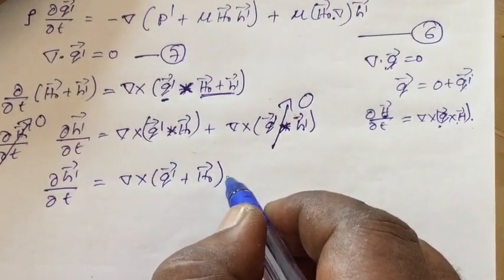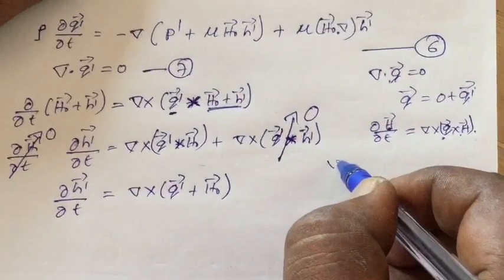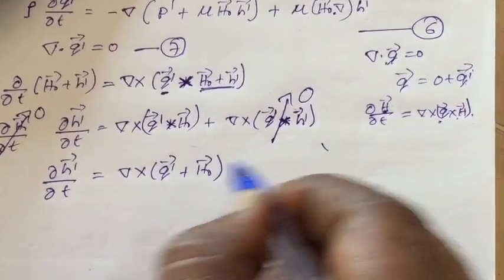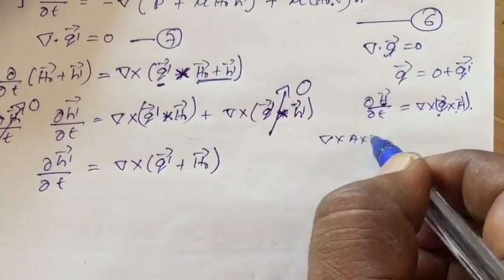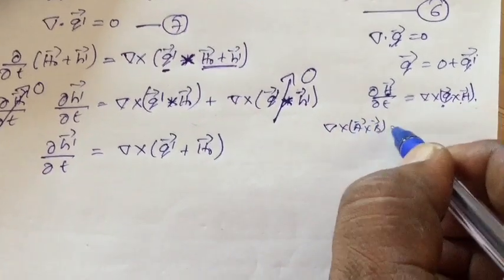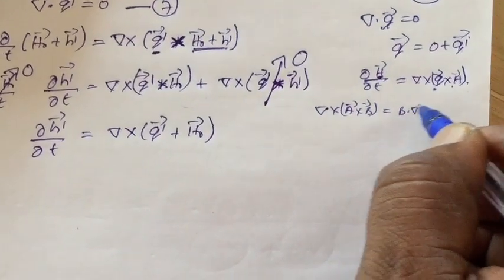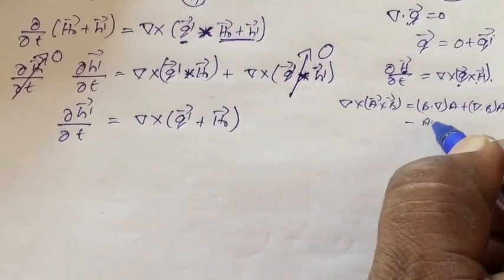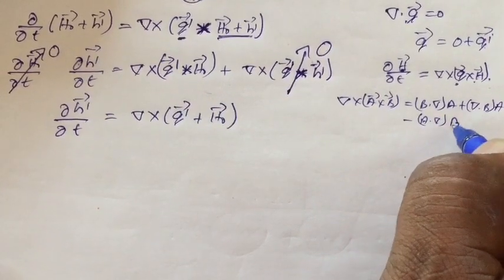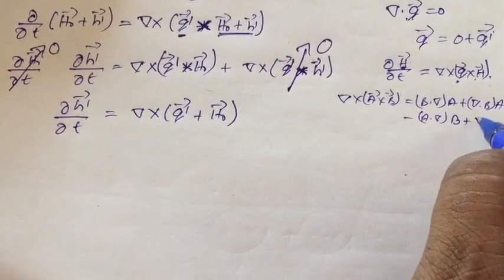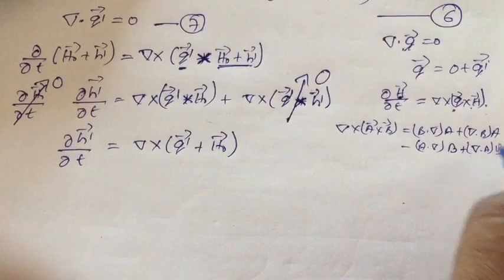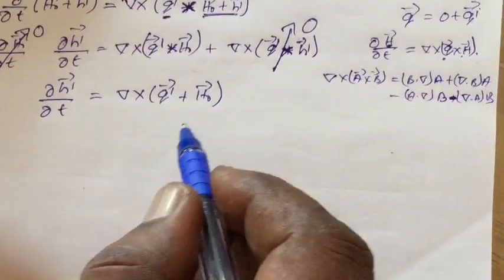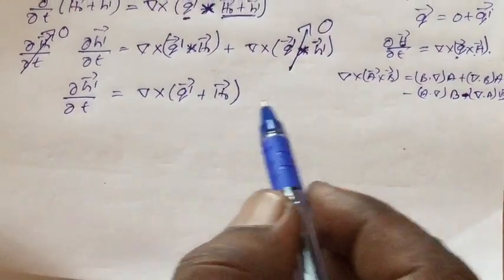From the vector identity, you know that curl of A cross B is equal to B dot del of A plus del dot B of A minus A dot del of B, minus del dot A of B. This is the vector identity we have used, right?